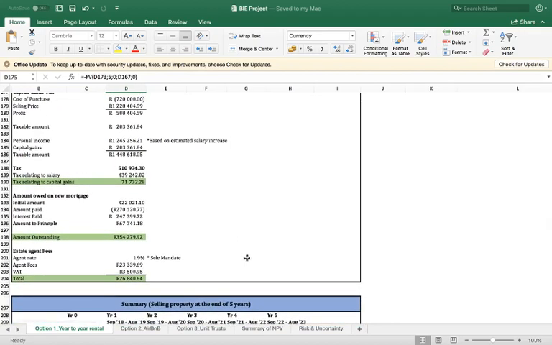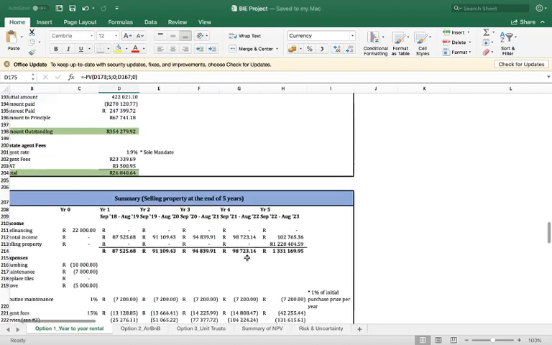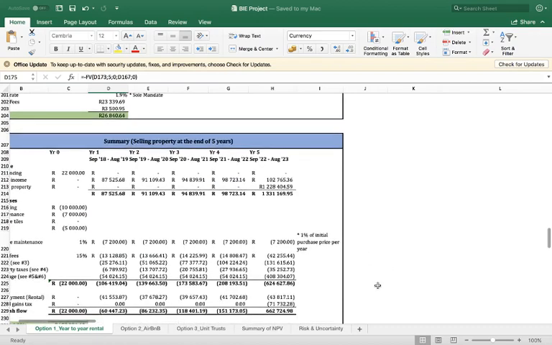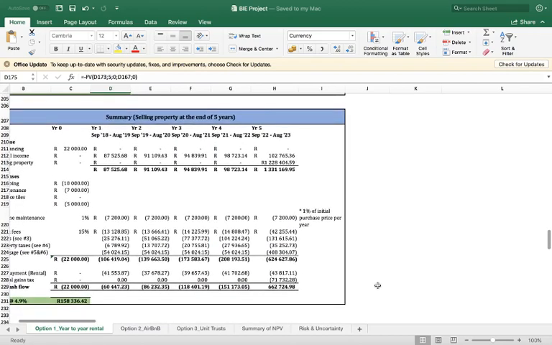Selling the house requires an estate agent, and the rate of 1.9% of the selling price is based on a sole mandate agreement, resulting in an estimated cost of around 27,000 Rand. Adding all of these new factors to the cash flow table, we can see that a positive net present value is the result, making this an attractive alternative for investment.